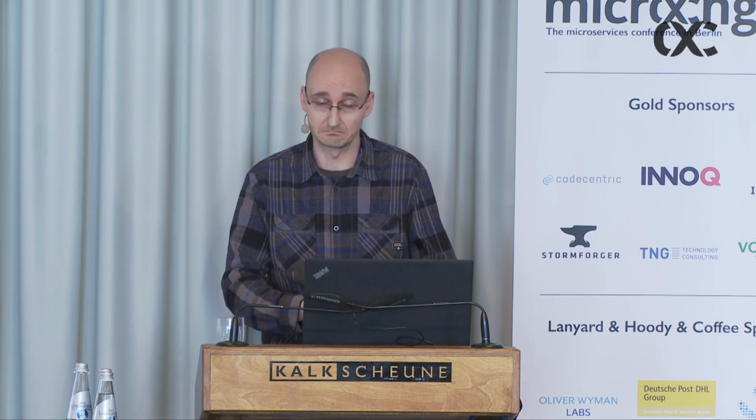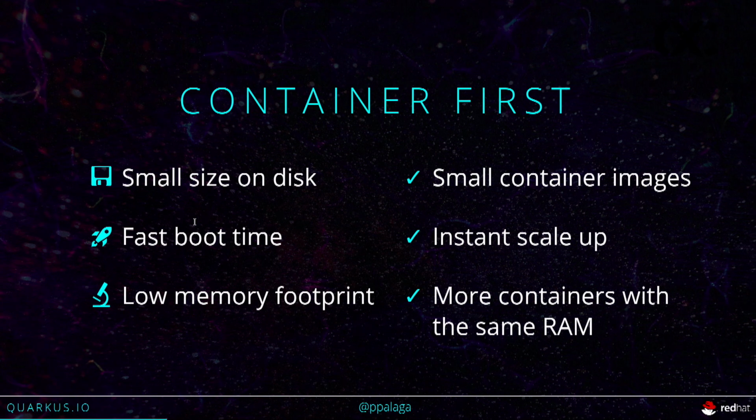Why? Because we live in the time of serverless, where there are cold starts. And if you are able to start a Java application within milliseconds, it's actually perfect. And we want a low memory footprint, because for a given amount of RAM, we want to be able to run as many containers as possible. Naturally, of course, you have to be able to scale horizontally to make use of this.